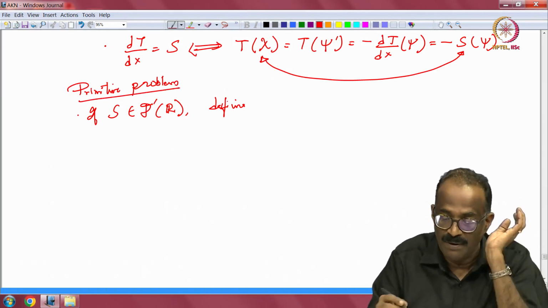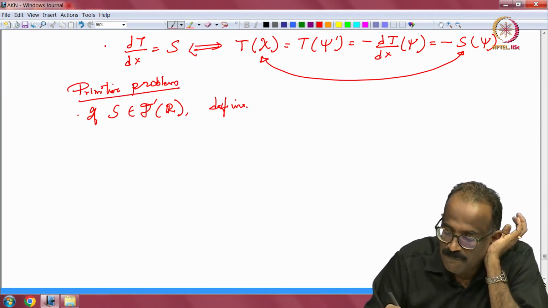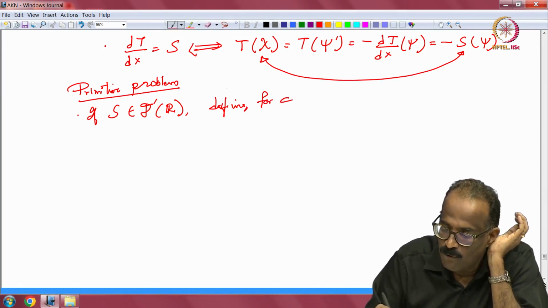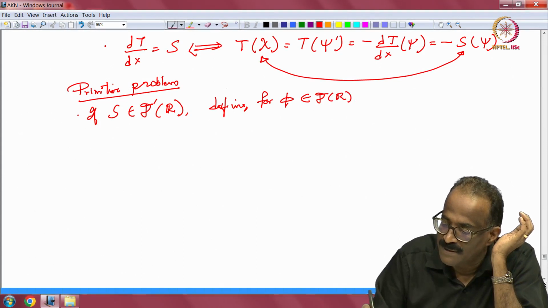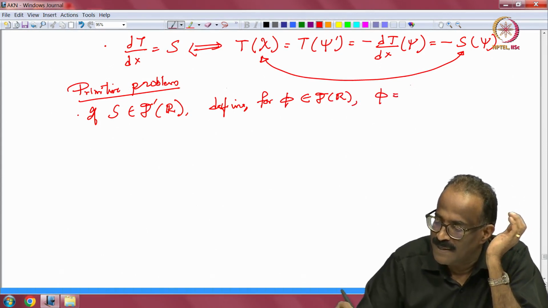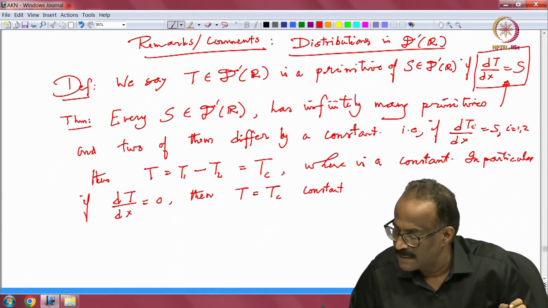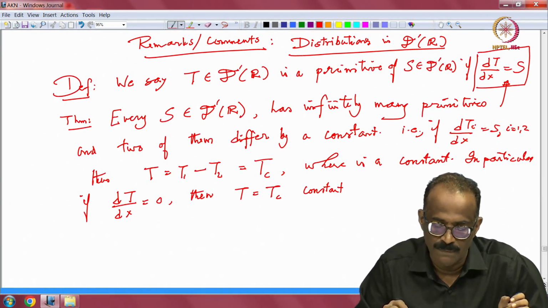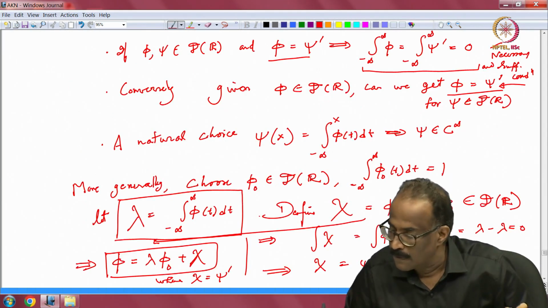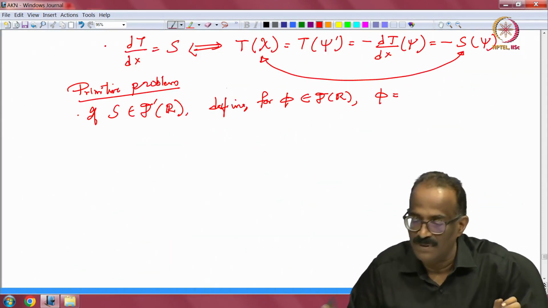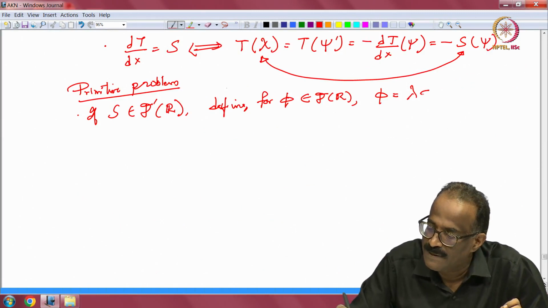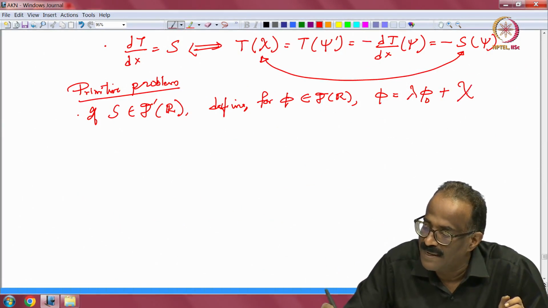Define, so you have every phi, define for phi in D(R), you have that representation. Phi is equal to what is that representation, let me recall. Now phi has this representation lambda phi naught, of course it depends on your choice of phi naught, that is material, okay, chi, where chi is psi prime.